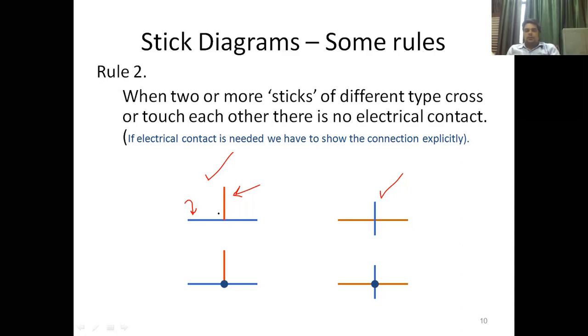If you want to make the electrical connection, you need to show the connection explicitly, and the contact can be shown by a dark circle, or simply by a cross sign at the contact. Similar explanation can be given for this case. So these are two rules.